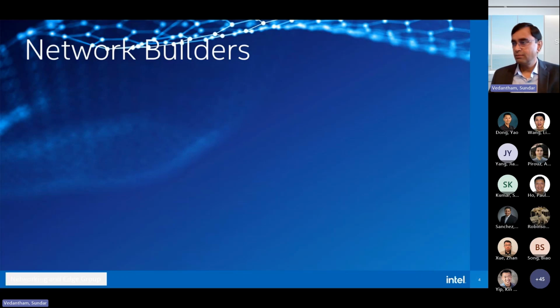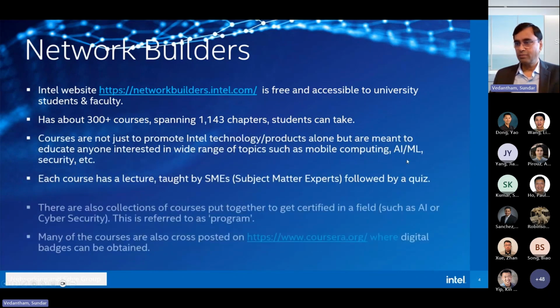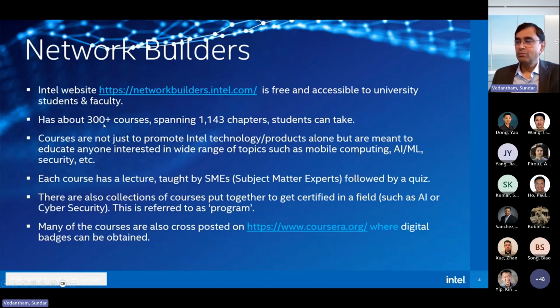And in those lectures, I also talk about this networkbuilders.intel.com site that Intel maintains. So there are about 300 plus courses. When I say courses, they have multiple little chapters, each one like an hour or two, provided by some subject matter expert with a small quiz at the end. And you can take a bunch of them to form a course and maybe form even some sort of expertise to complete a whole program.